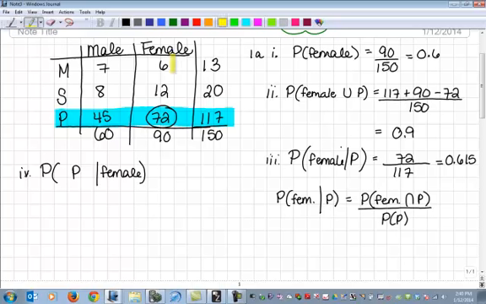So now I'm looking at this column here. So my total is now 90, because I'm only looking at the females, and the probability that I'm a production worker is 72. So 72 out of your 90 is 0.8.